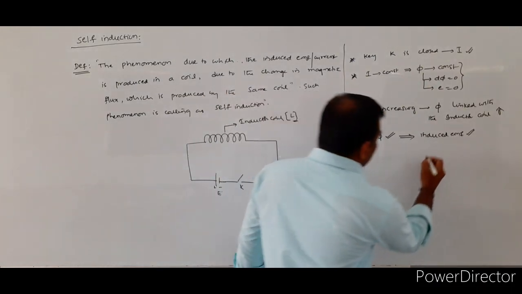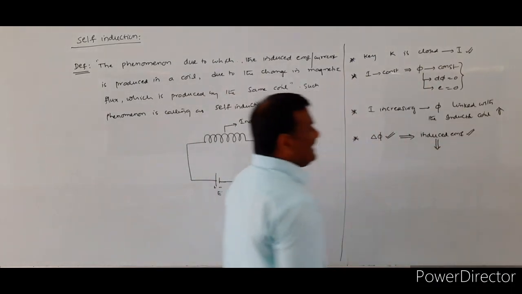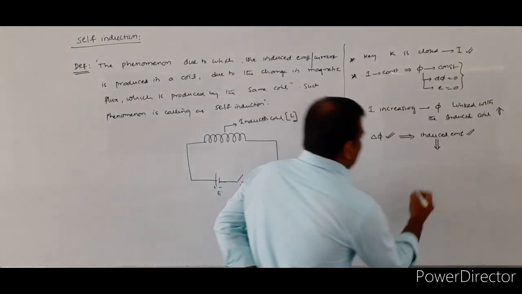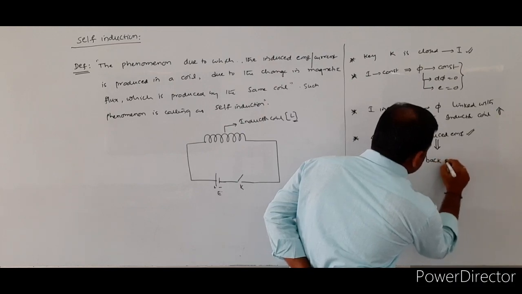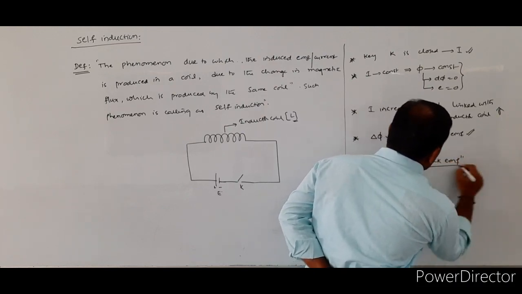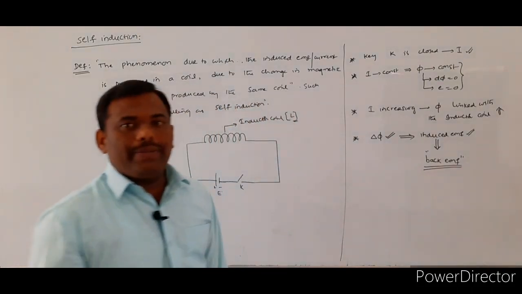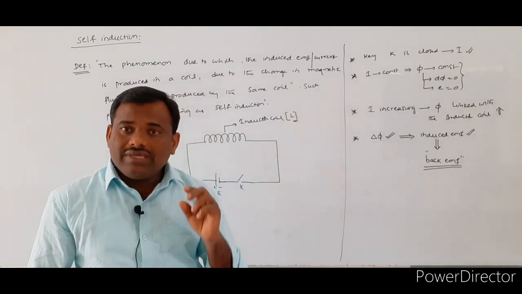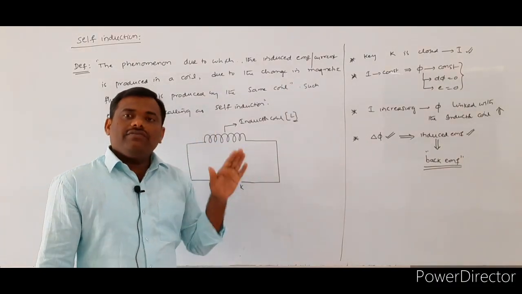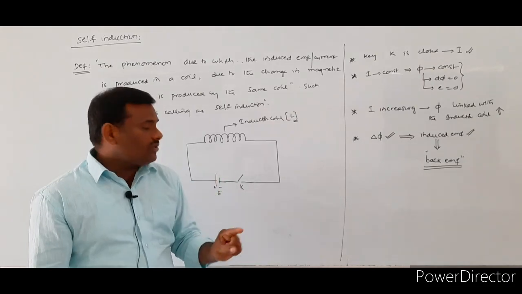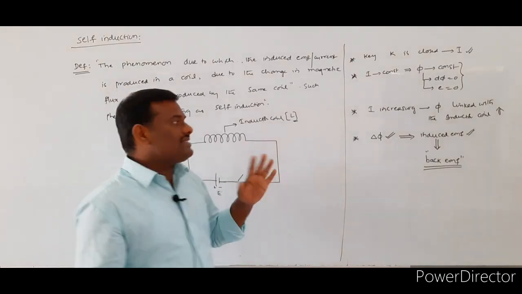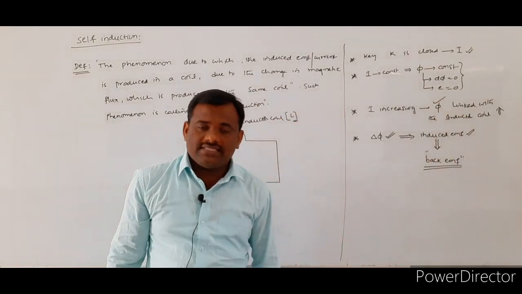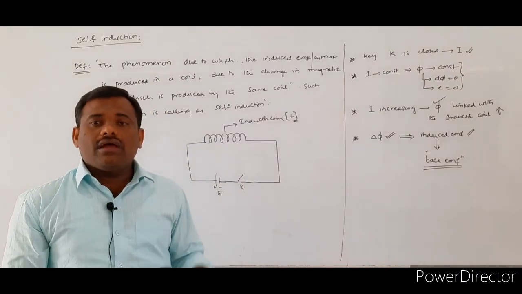Here, whatever induced EMF is produced within the given inductor coil is also called back EMF. What is the definition of the back EMF? Whenever we increase the current passing through the given circuit, as a result the magnetic flux linked with the inductor coil changes.